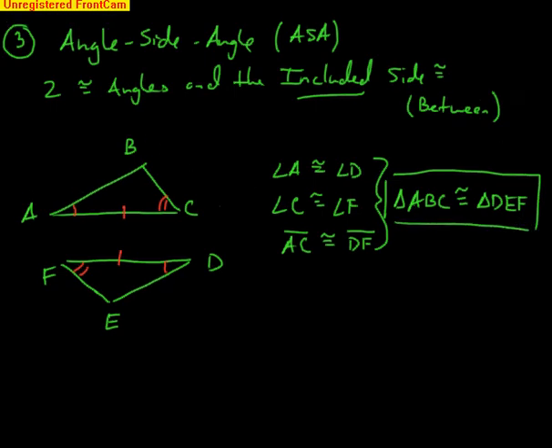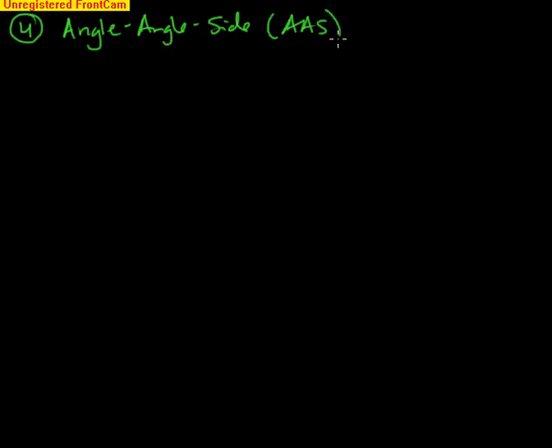Okay, and then finally, the last way to show two triangles are congruent, the fourth and final way, is going to be by angle, angle, side. And again, this is AAS.